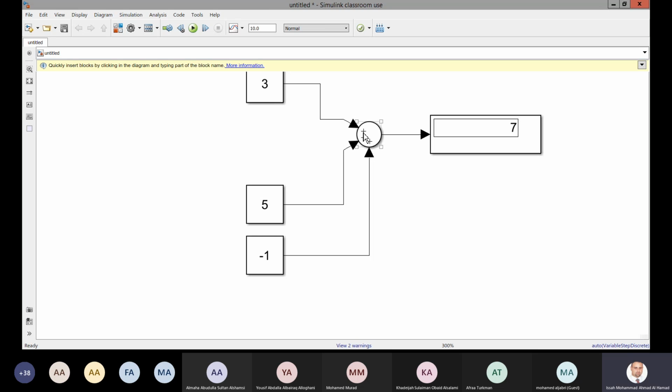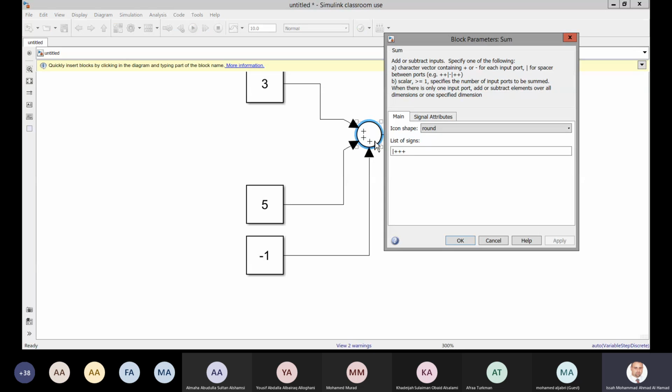Now, I am not satisfied with the location of these signs, plus, plus, plus. So I can change the sign location by changing the value here. If I change it, or if I put it here, let's see what happens. It is changing the location to this point.